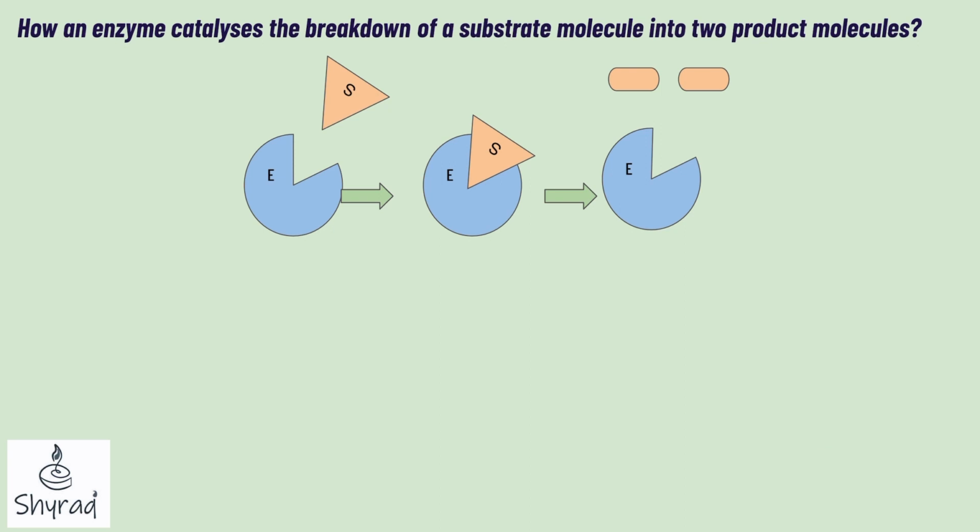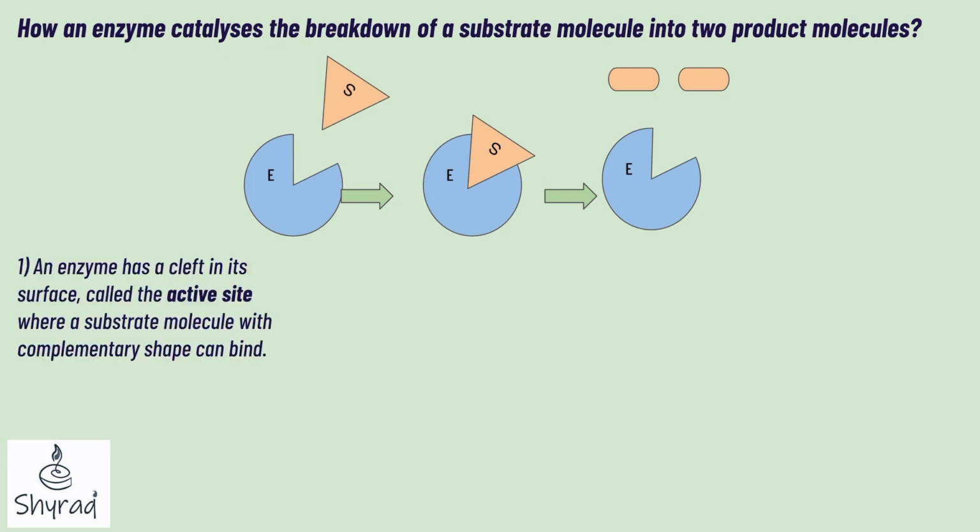So how does an enzyme catalyze the breakdown of a substrate molecule into two product molecules without being changed during the reaction? First, an enzyme has a cleft in its surface called the active site, where a substrate molecule with complementary shape can bind.